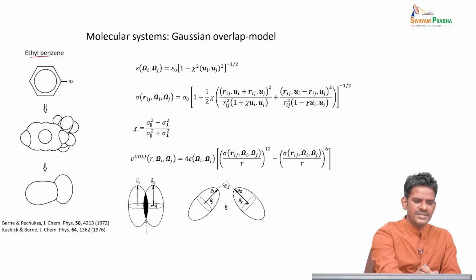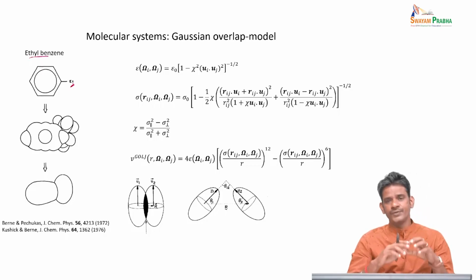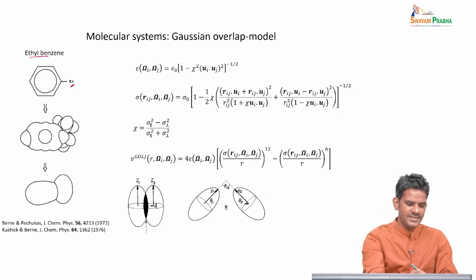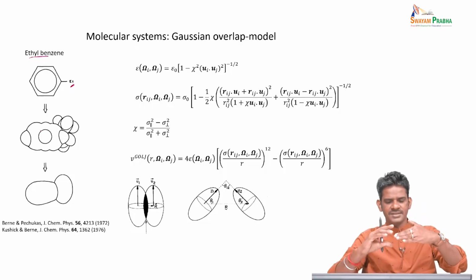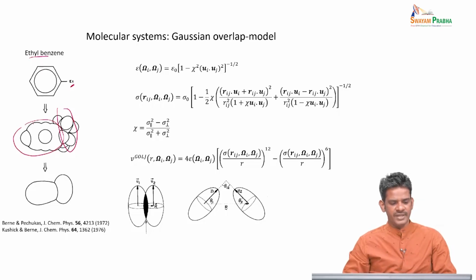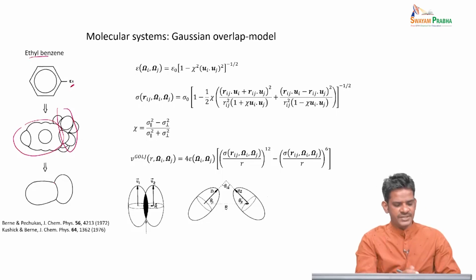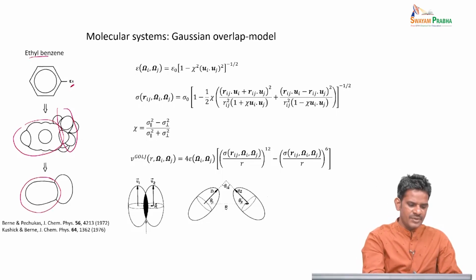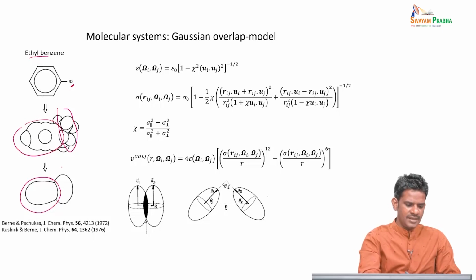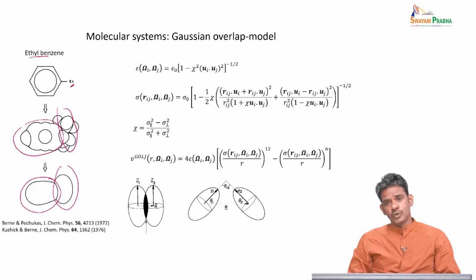Suppose you take ethylbenzene. It has this benzene ring and then there is an ethyl group. If you try to visualize how this molecule looks, it has this ring in this plane, and this is the ethyl group and this is the benzene ring. Topologically it is shown as a fusion of two objects, one elliptical object representing the ring and another elliptical object representing the ethyl group.